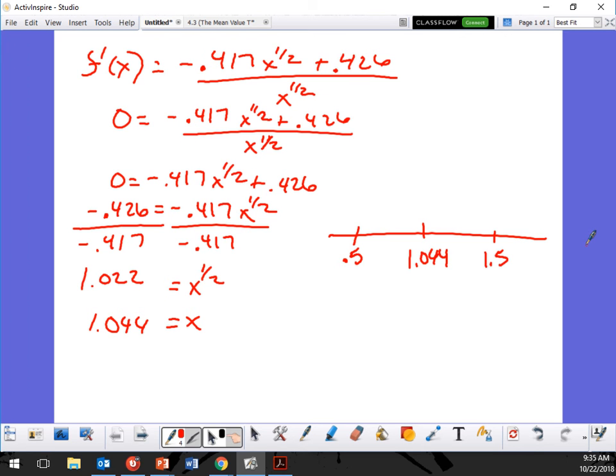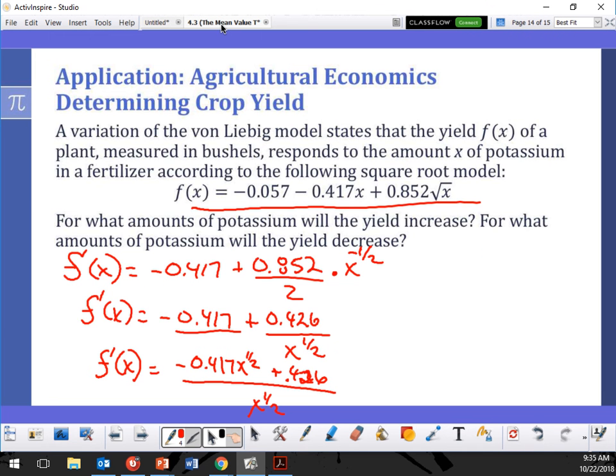What about the 0.5? What's that 0.5 give me? Yeah. Positive? 0.5 is going to give me a positive. 1.5? A negative. So what does that mean? That you don't want to have more than 1.044, whatever, for your potassium. Very good. Then you'll decrease your yield.